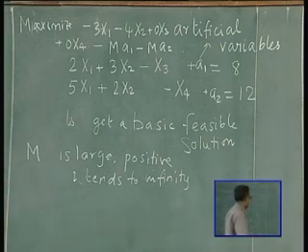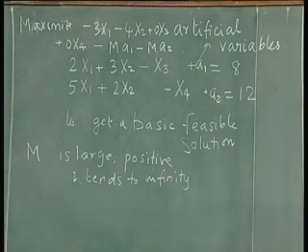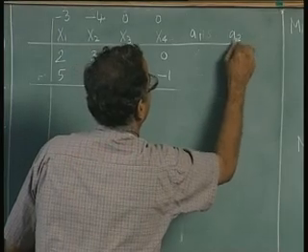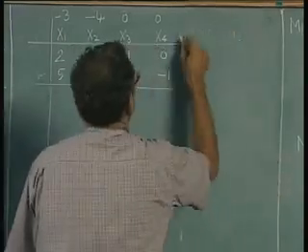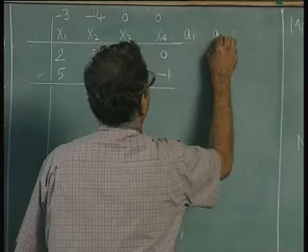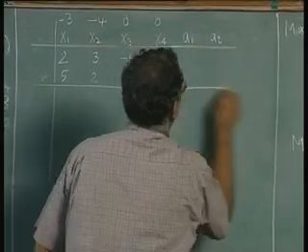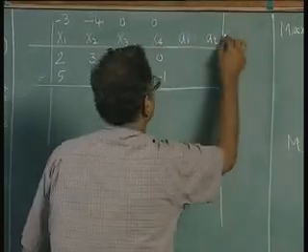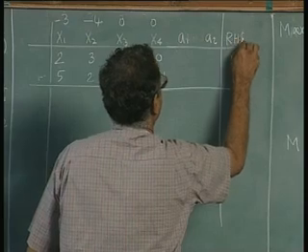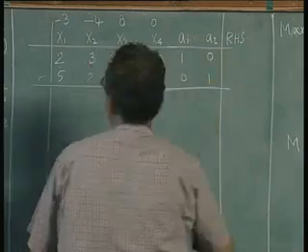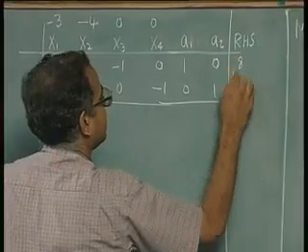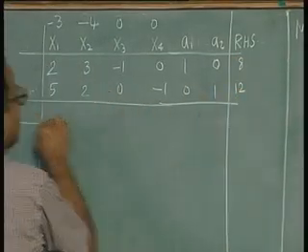So now we go back and construct the simplex table. We add these A1 and A2 here. So we have plus A1, 1 0, 0 1, the right hand side values are 8 and 12.